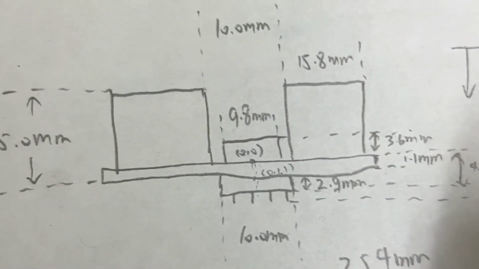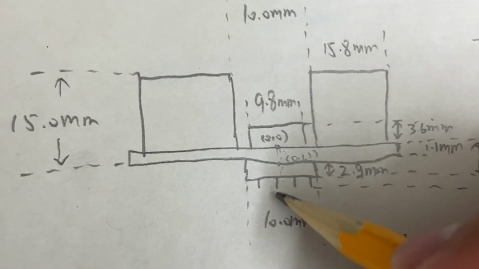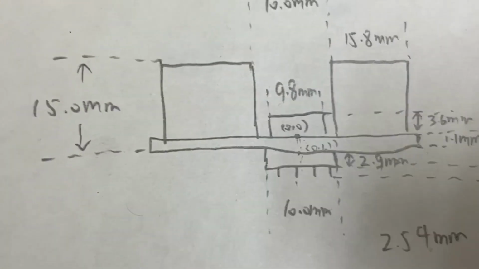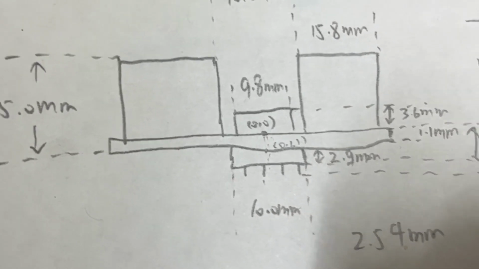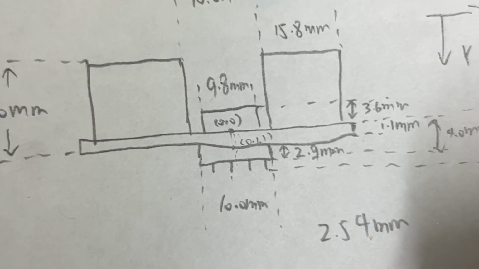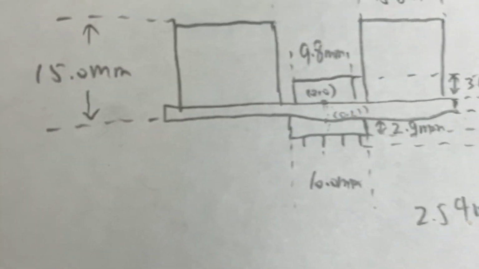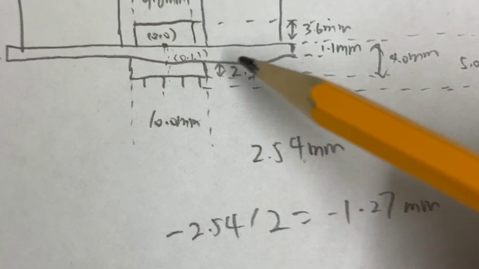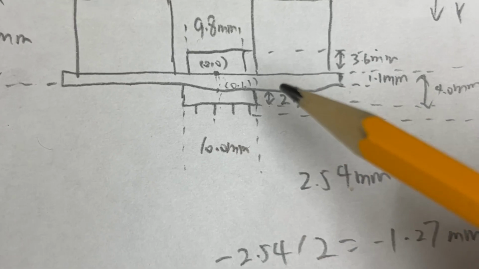So I can firstly know that for the second from the left pin here, it should be negative 2.54 divided by 2, which means negative 1.27 millimeters. I also have the thickness dimensions written on it.